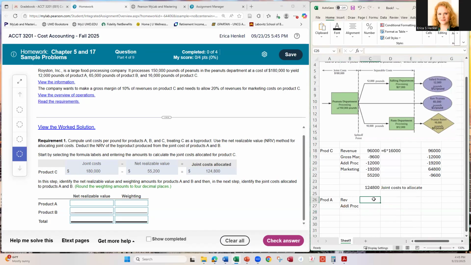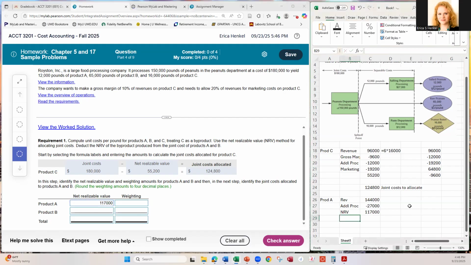So for revenues for product A, we've got 12,000 pounds times $12 per pound, and then additional processing minus 27,000 gets us net realizable value of 117,000.